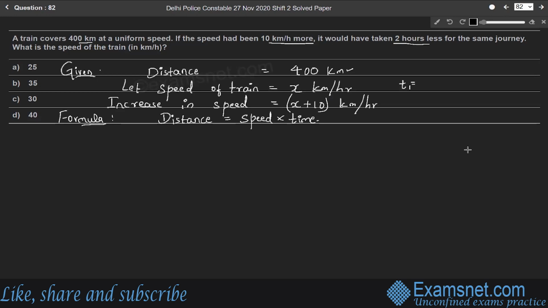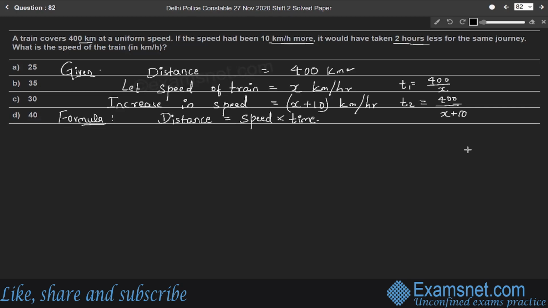Therefore, the time taken by the train to cover 400 kilometers with the speed of x kilometer per hour is equal to 400 by x. The time taken by the same train to cover the same distance with a different speed, that is x plus 10, is equal to 400 by x plus 10.